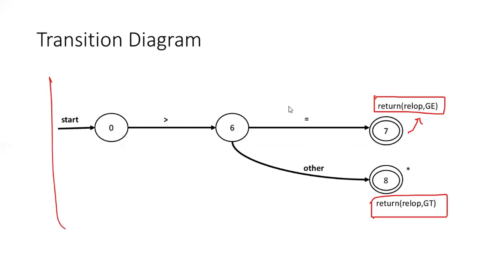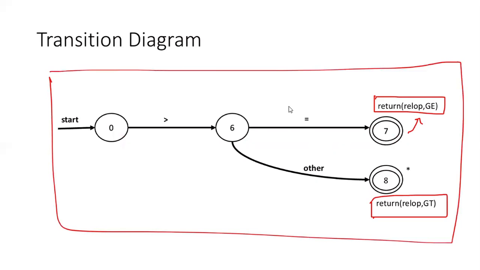If we write the code for this whole thing in a C program, then when you reach a final state, you have to return something. So what will you return? You will return what you have seen. Now you are here at state 7 because you have seen the greater than symbol followed by equal. So what is this? This is a relop. So return relop. So the first one is the token.